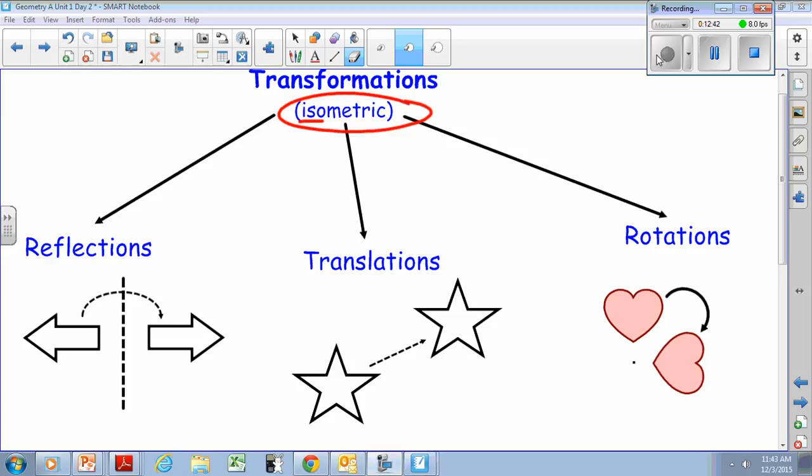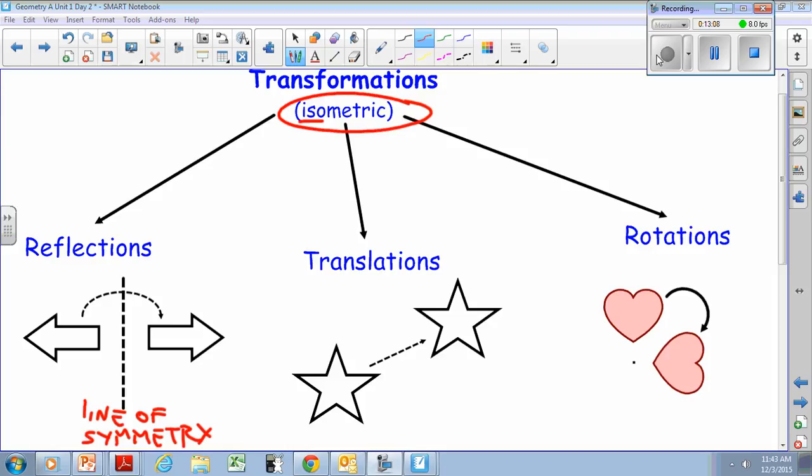With reflection, the line of symmetry, please write line of symmetry. The reflected image, all points on the left must be the same distance away from the line of symmetry on the right.